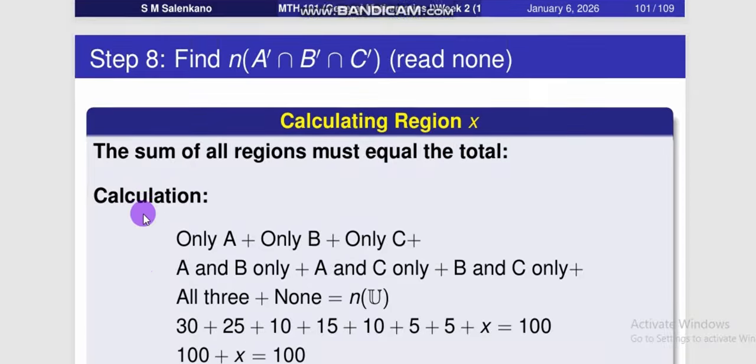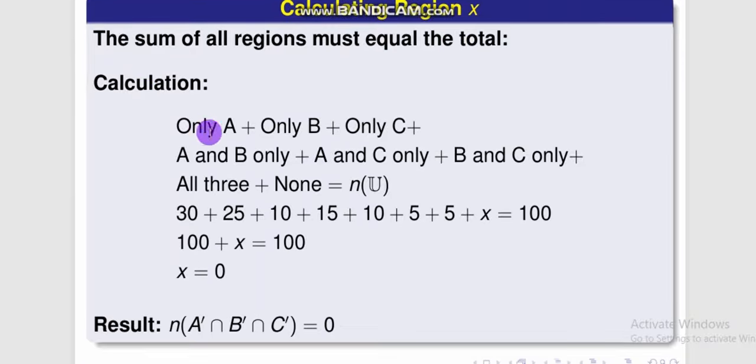So in calculation, this is what we are going to do. We say only A plus only B plus only C, plus A and B only, plus A and C only, plus B and C only, plus all three, plus none. Here, this none is our x that we don't know, and it is equal to the total in the universal set.